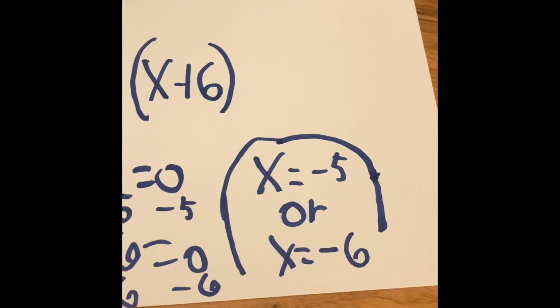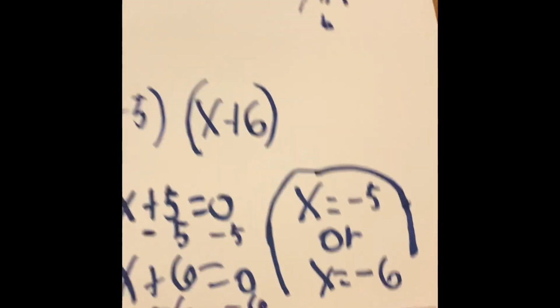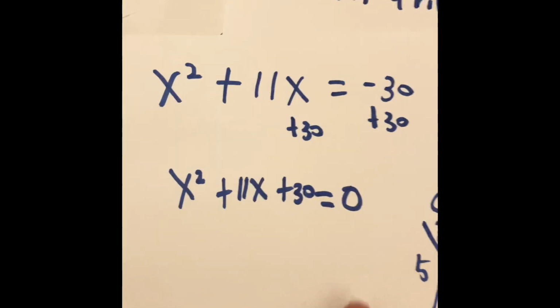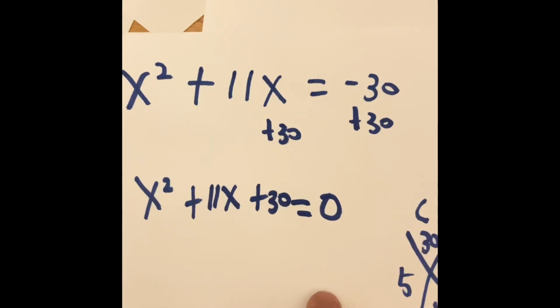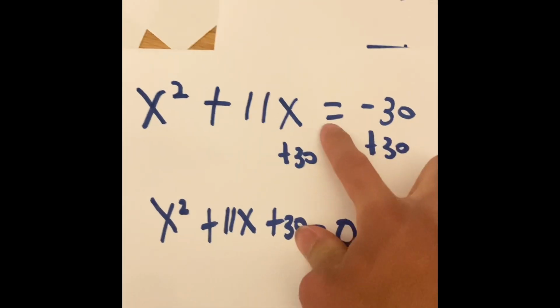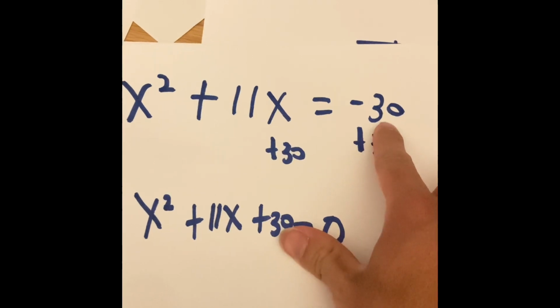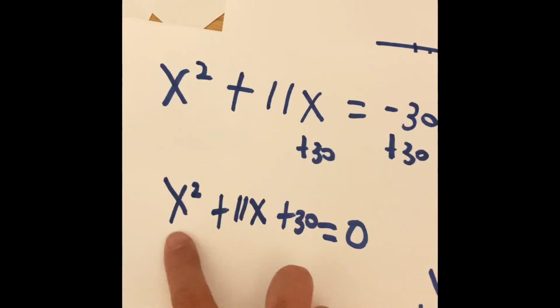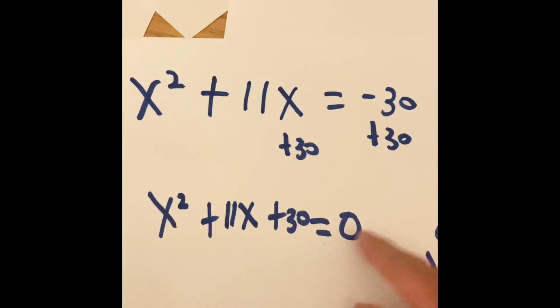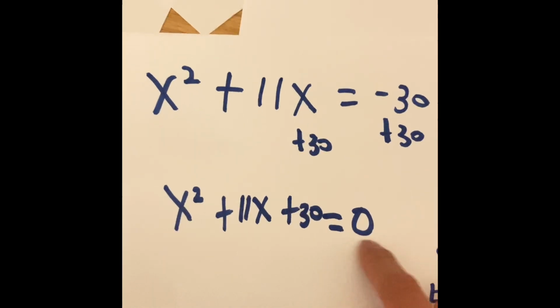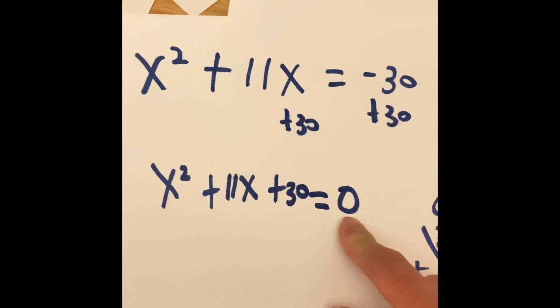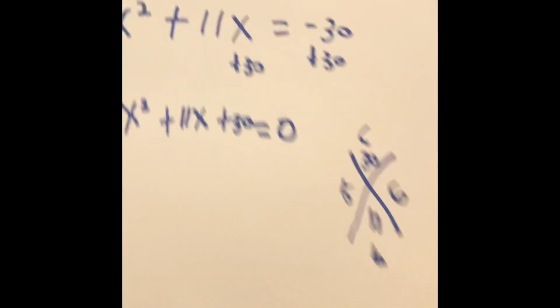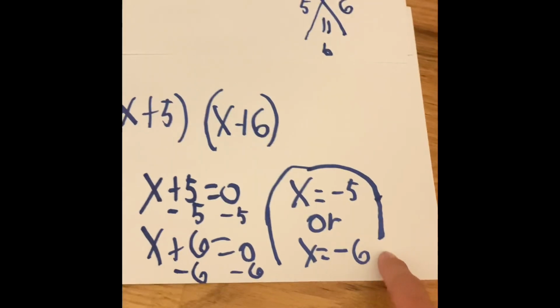And that is how we solve a quadratic trinomial using the zero product when your equal sign does not equal 0. All you have to do is move the number to the other side to make your left side bigger. Then write a 0 and you can factor it and find the x-intercepts normally.